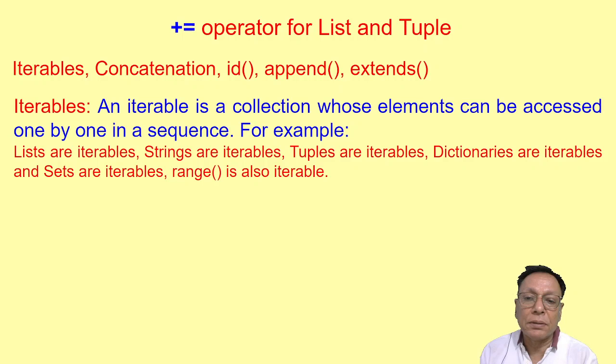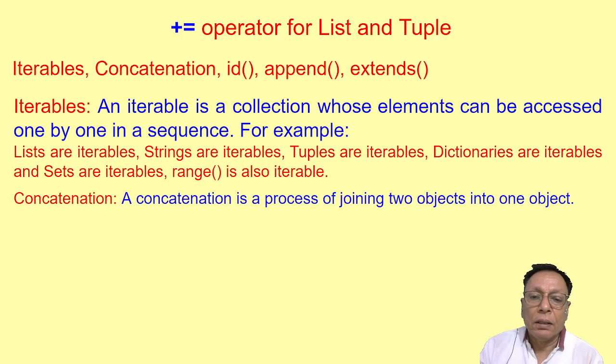Lists are iterables, strings are iterables, tuples are iterables, dictionaries are iterables, sets are also iterables, and range is also iterable. So how do they function? We'll discuss this in this slide, and we'll do the practicals using Python.